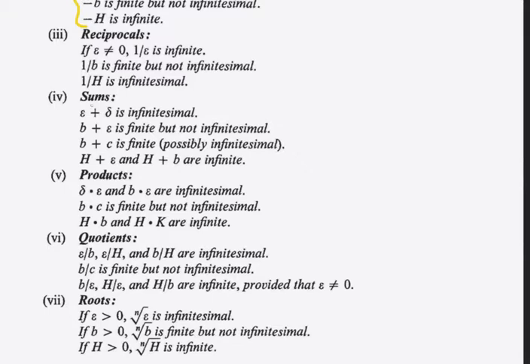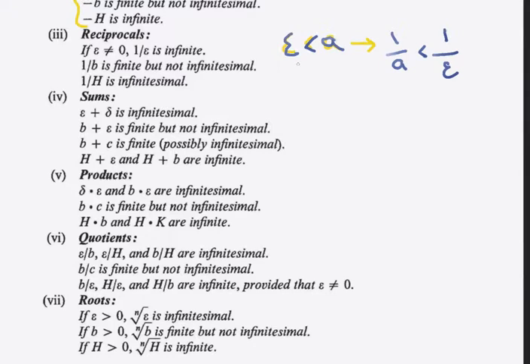Now, regarding reciprocals. Here we have that if epsilon is not 0, so we can actually divide by it, then its reciprocal is going to be infinite. This should make sense, because if epsilon is less than a for all a, then remember our rule for reciprocals: 1 over a is less than 1 over epsilon.